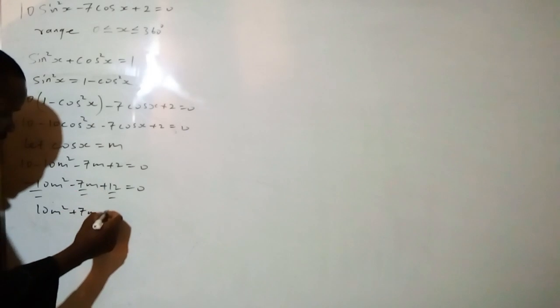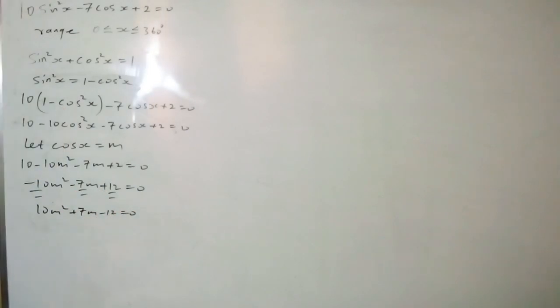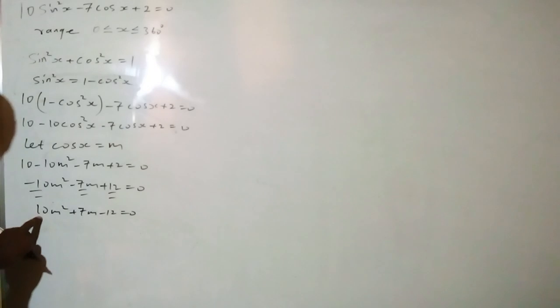Then you take the first, 10 times 12 is 120. From 120, we want two factors of 120 that will give us 7.